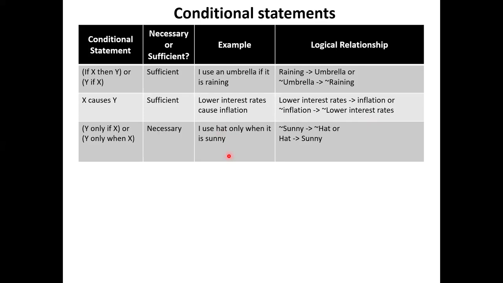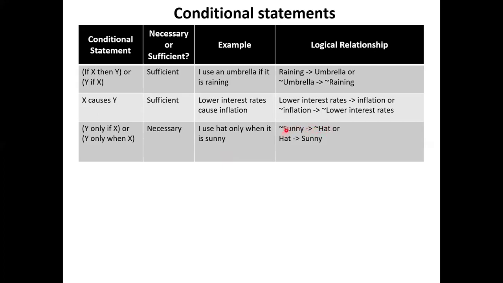So what's the cause here? First of all, sun, right? Being sunny is the cause and hat is the effect. Does anyone remember how necessary conditions are expressed? If not X, then not Y. Okay, which means if it is not sunny, then I will not use a hat.